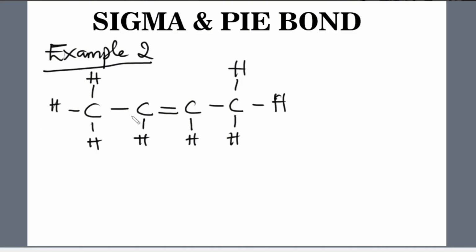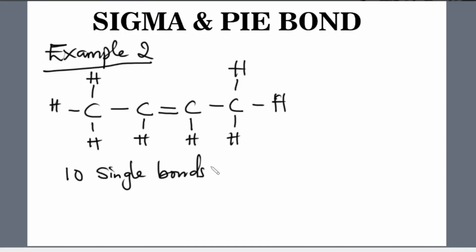Now let's find the number of sigma and pi bonds in this compound. So we have here 1, 2, 3, 4, 5, 6, 7, 8, 9, 10. We have 10 single bonds in this compound. Let's count again. 1, 2, 3, 4, 5, 6, 7, 8, 9, 10. So we have 10 single bonds in this compound.